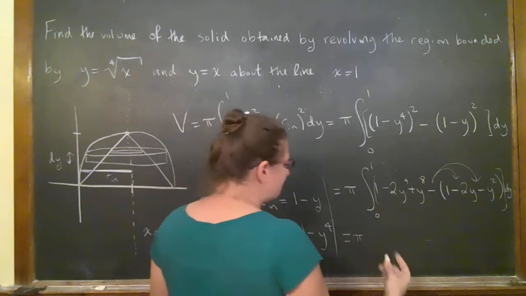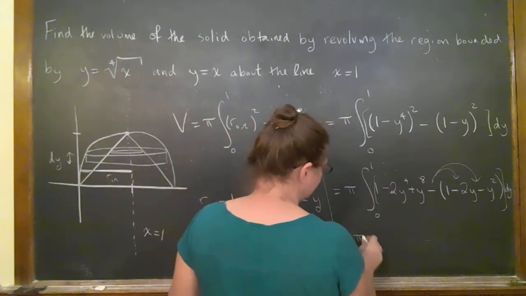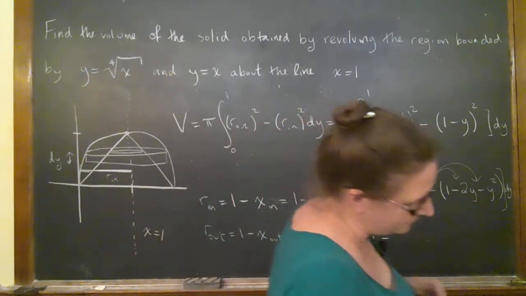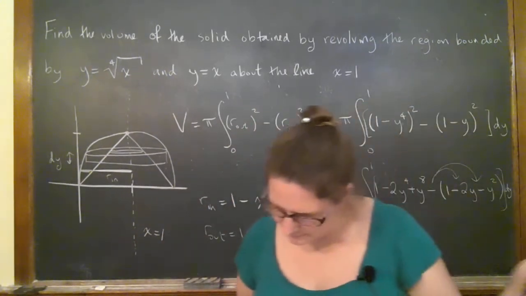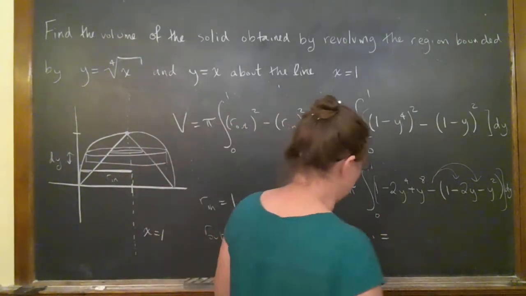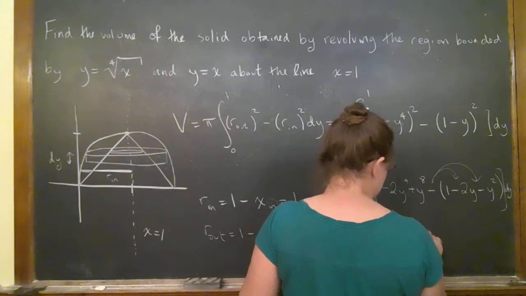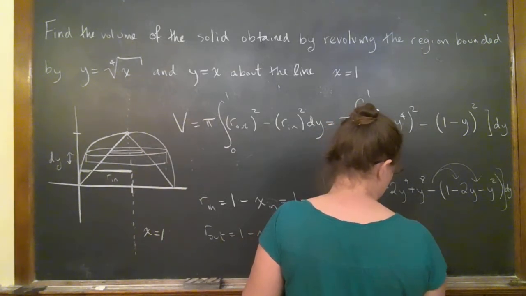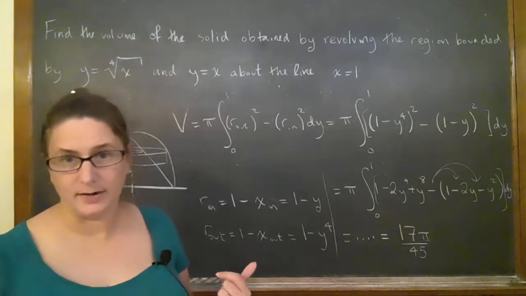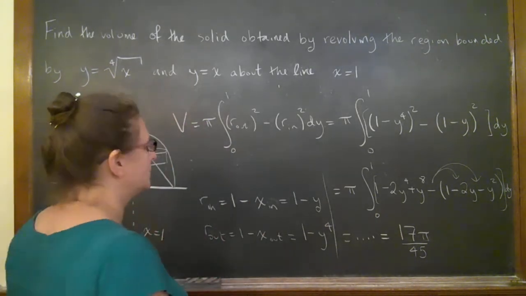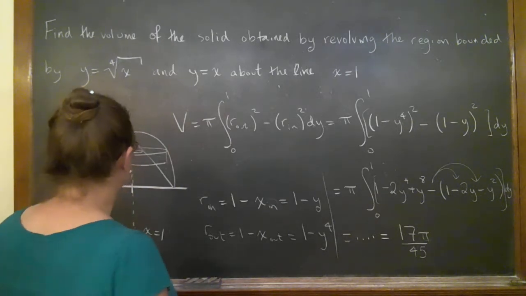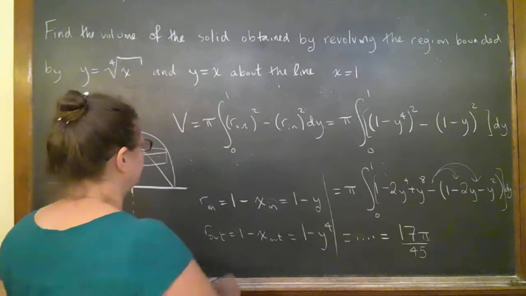Anyhow, so you do all this. I'm not going to bore you with it. You can do it yourself. The answer, which I had figured out here somewhere, yes, 17 pi over 45 is the right answer for this problem. And that works out if you do that integral correctly, which you should be able to do because it's just a polynomial.